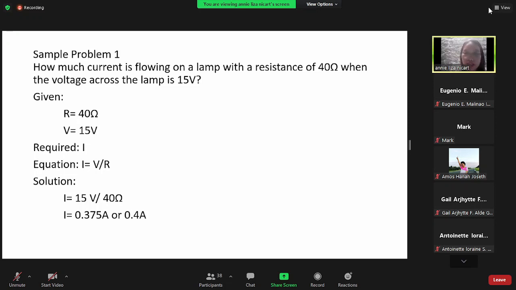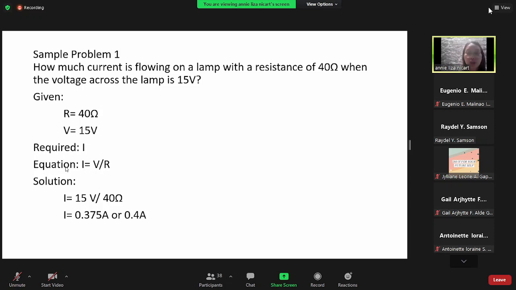The 15 volts, how many significant figures? 2. So the least number of significant figures is 1. What is required in our problem? The value of the electric current.